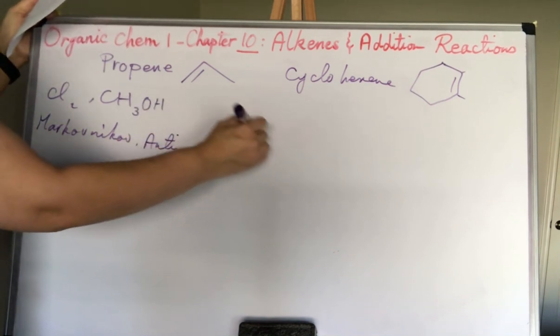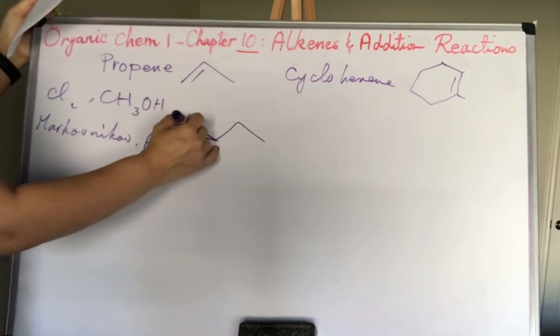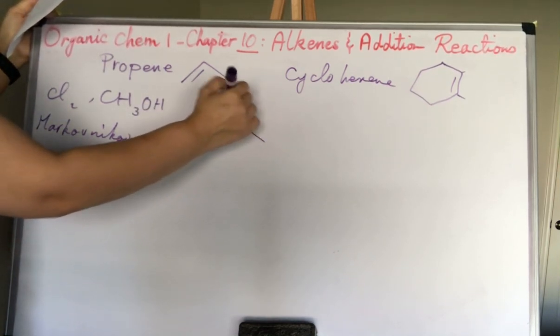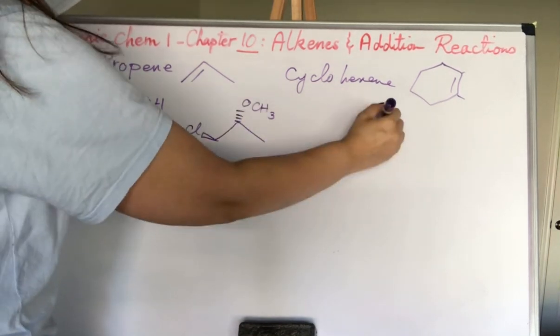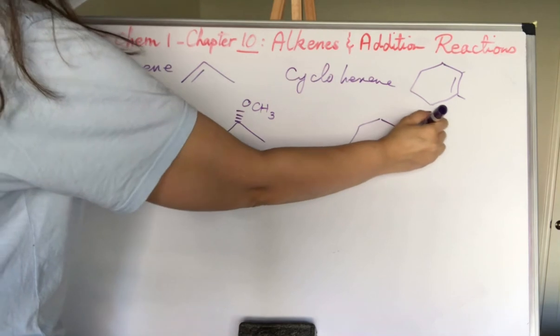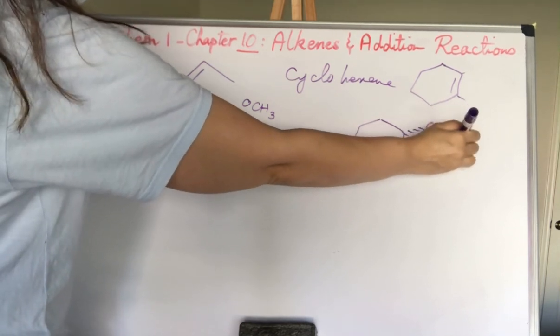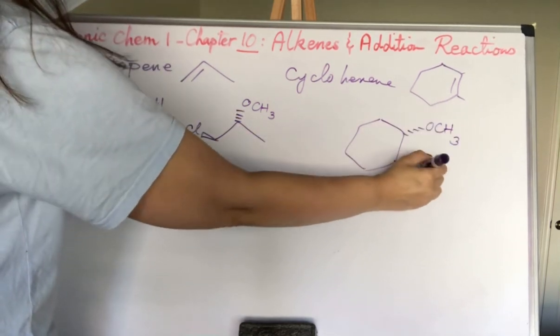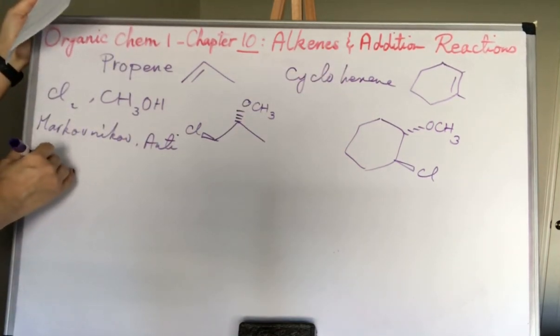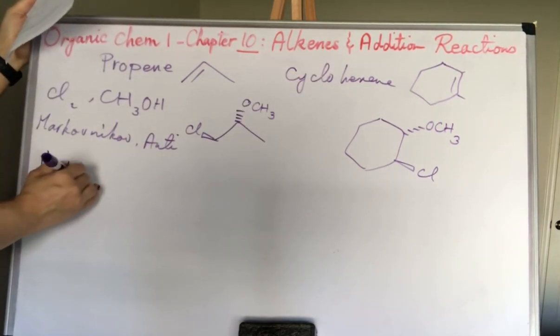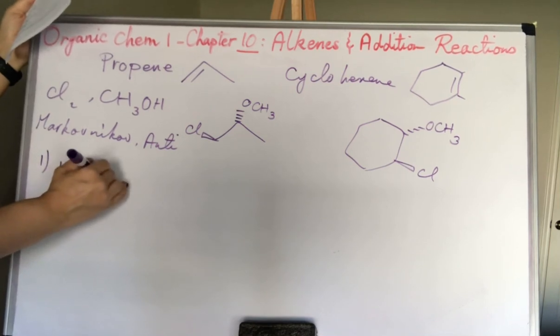So chlorine will be added here, and instead of OH we have OCH3. And again here, it doesn't matter which one is receiving chlorine. The next one is addition of water as oxymercuration.